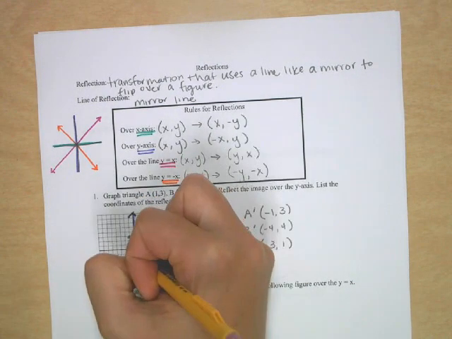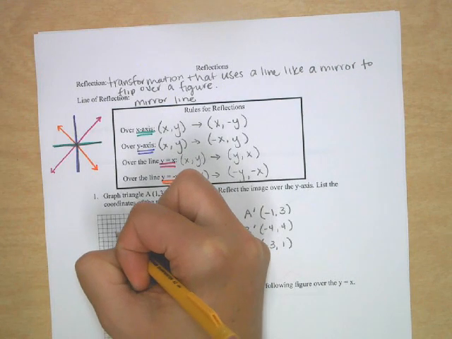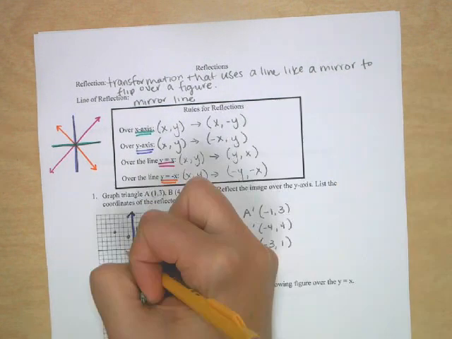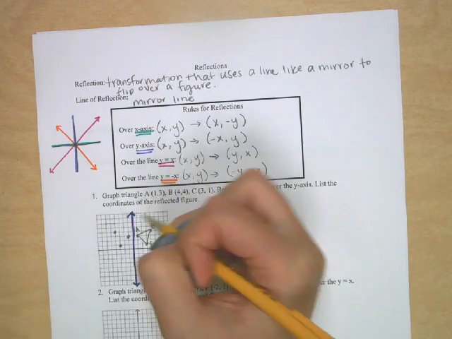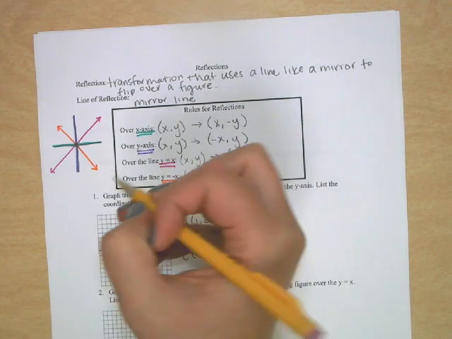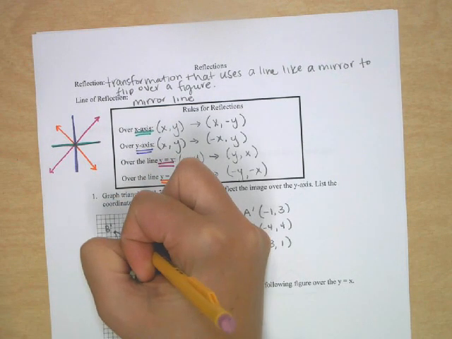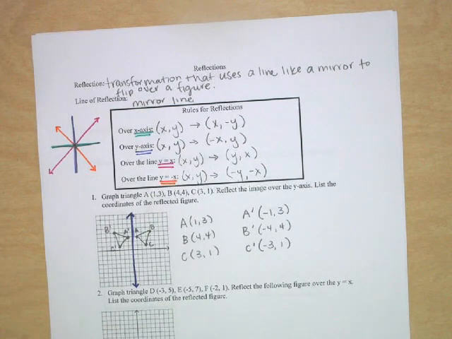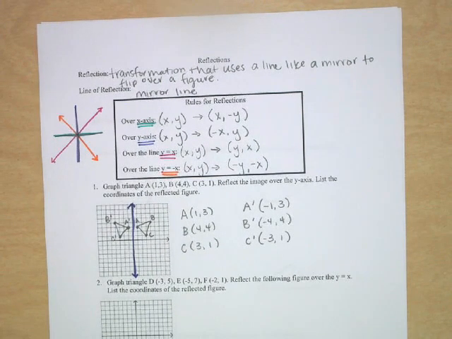So let's graph those then right away. And when you connect them to make the triangle, let's label A prime, B prime, and C prime. And then you can double check. It should be the exact same size.